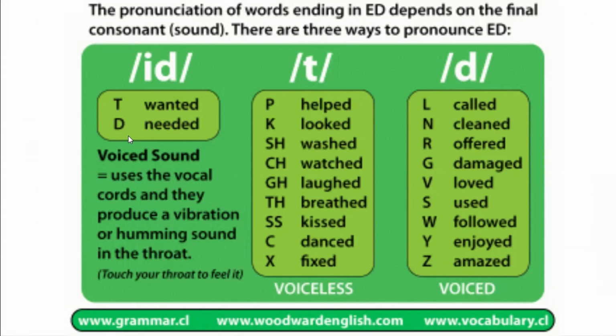Wanted, needed. If it ends with a voiceless consonant, then the ed is not going to sound as ed, it's going to sound as a T. And if the last letter of your verb is a voiced consonant, the ed is going to sound as a single D.